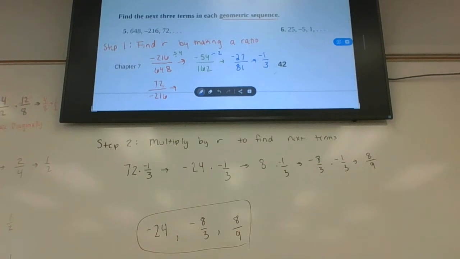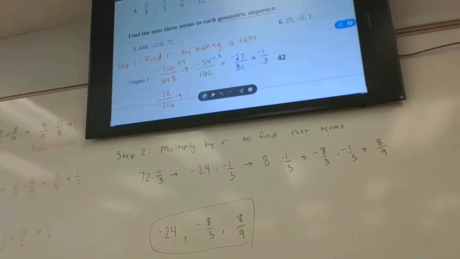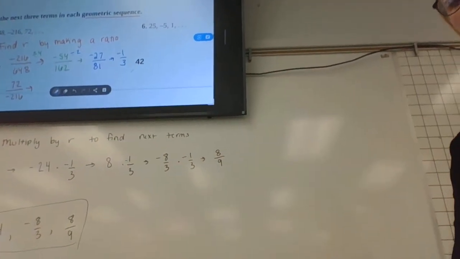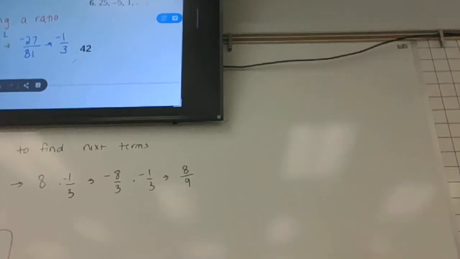Libby, what's the pattern of number 6? I don't know. Well, look, how does 25 turn into -5?